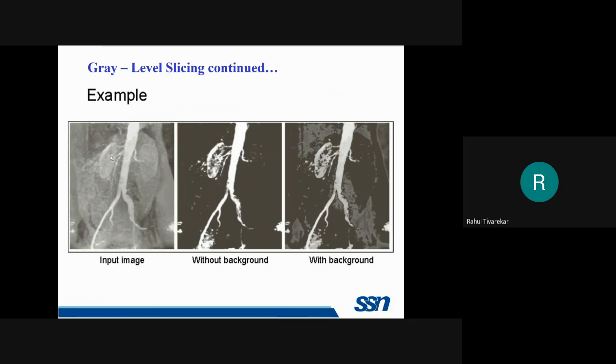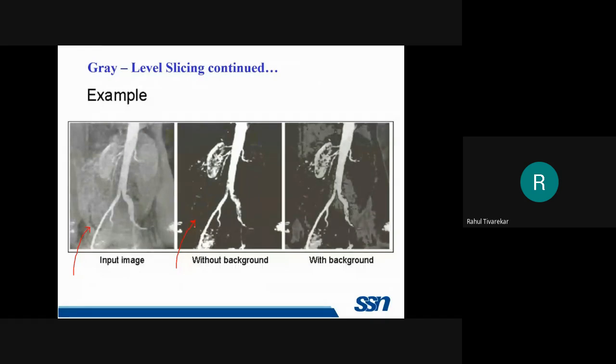So this is actually a kidney image where you want to visualize all the blood veins near the kidney part, and you can see the first input image looks dull. There are not many details available in this image very clearly. So if I perform gray level slicing without background, it looks like this.